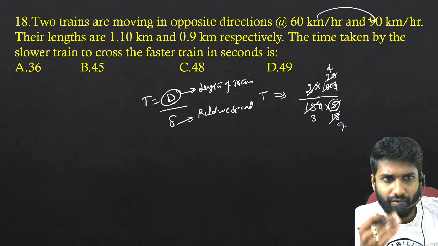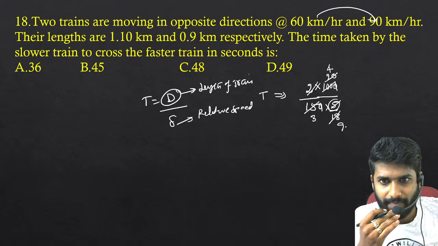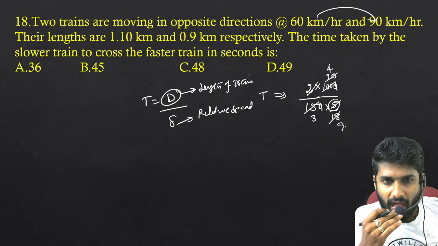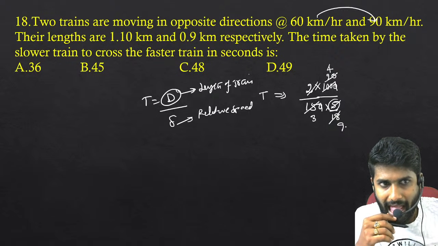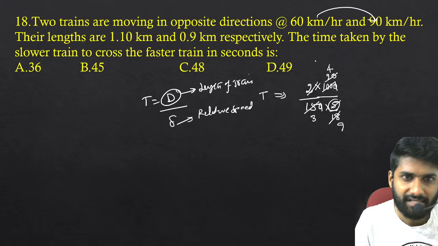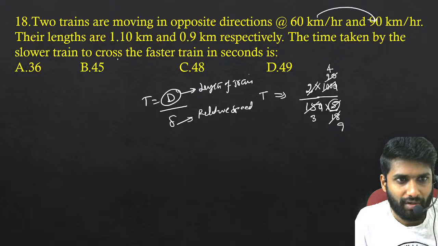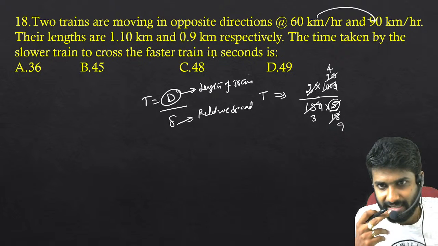The time taken by the slower train to cross the faster train in seconds.